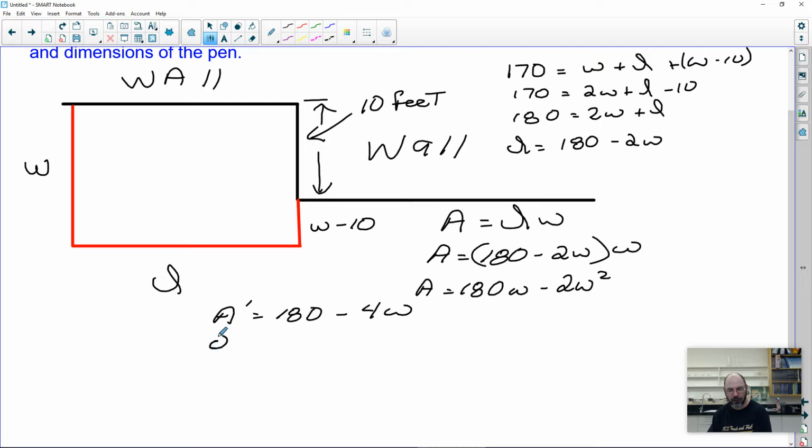Set that to 0: 180 minus 4W equals 0, so negative 180 equals negative 4W. Divide by negative 4, and W in this case is equal to 45. 180 divided by 4 is 45, yes. So 45 is our W.